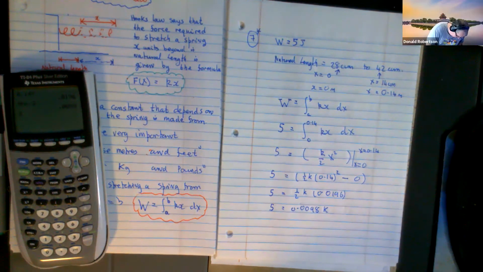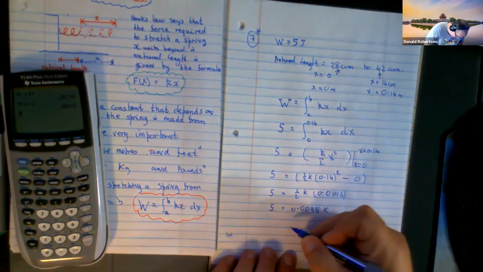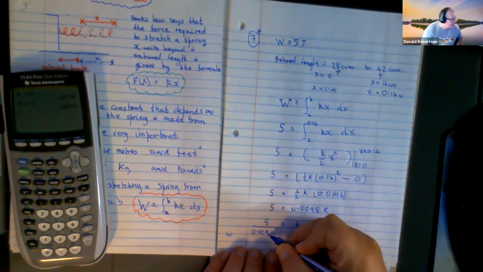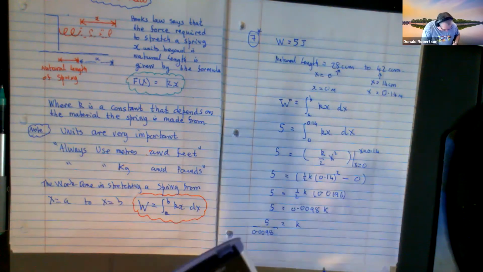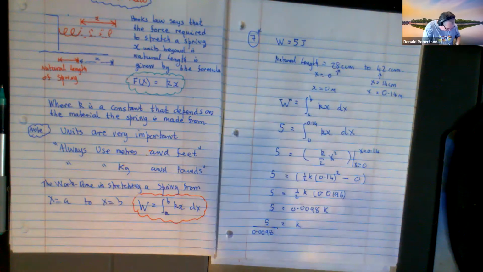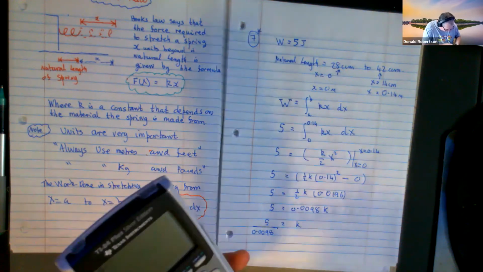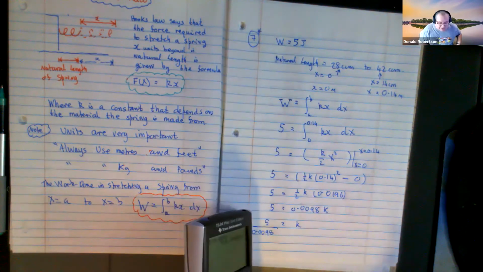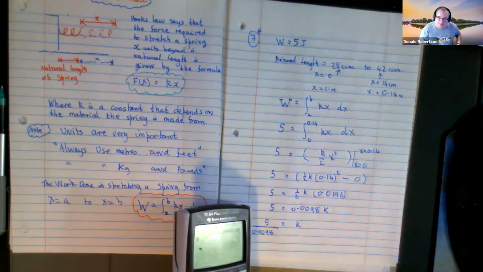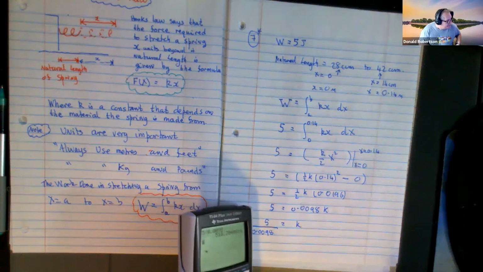Right, can you see that these questions are just going to be ugly? Guess that's one of the reasons I don't like them. And I just realized they told me 2 decimal places, but I'm going to do that right now. 5 divided by 0.0098. And the answer looks like, wow, that's a big number. It looks like that.